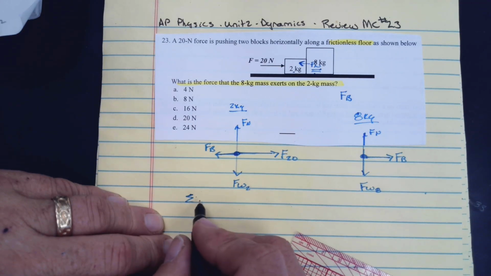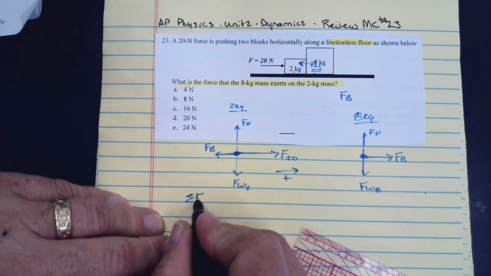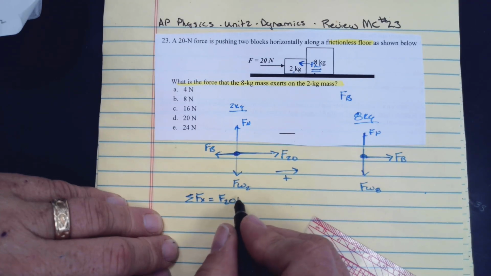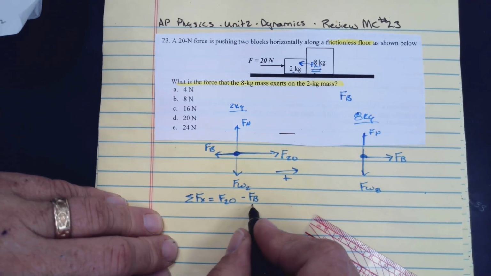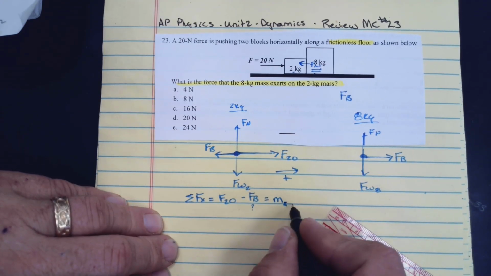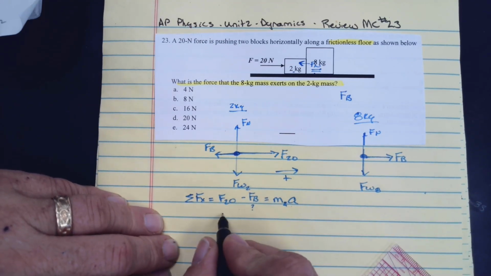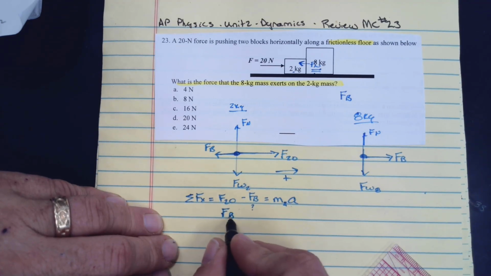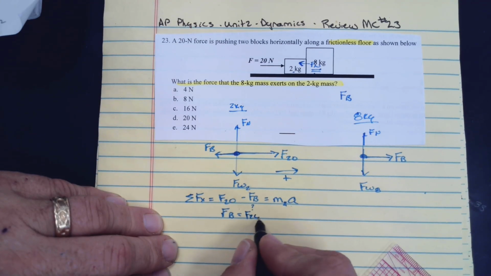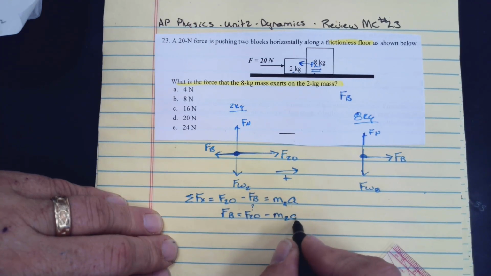So if I write my equation out for what's happening here, I'm going to have my positive direction going to the right. So I've got the force of 20, minus F of B, the one I want to know, equal to the mass of my 2 kilogram block times acceleration. If I solve for F of B, I'm going to have F of 20 minus that.